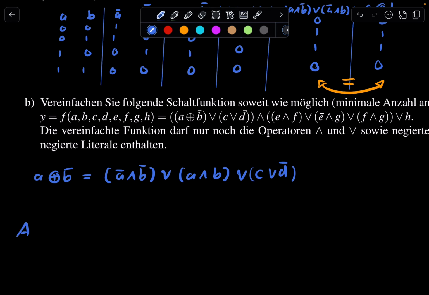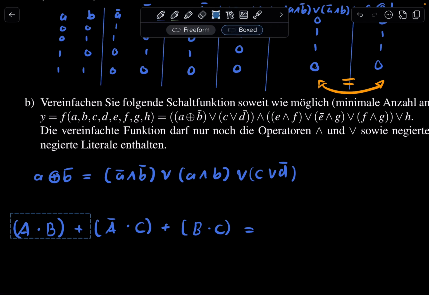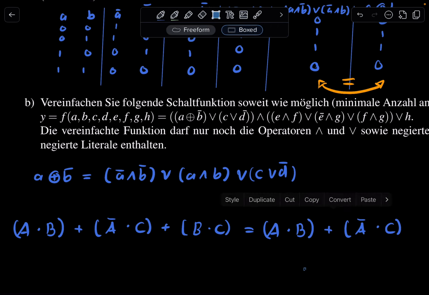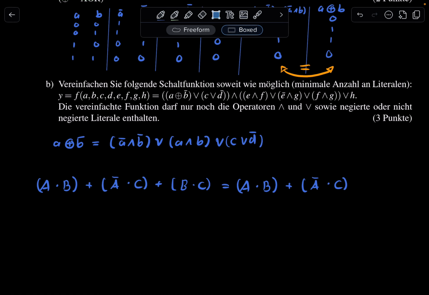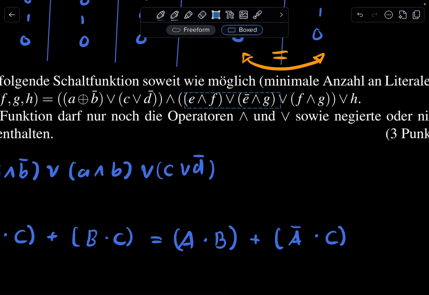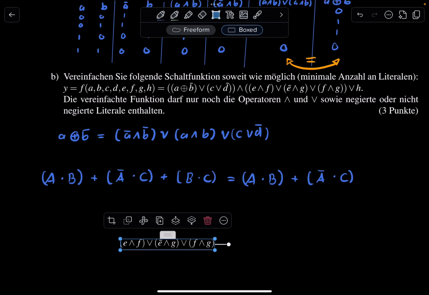So consensus tells us that whenever we have A and B plus not A and C plus B times C, it is going to be equal to, simply put, these two guys. So in this case, let's just take this guy and verify that this is true. I'm going to copy it because I don't want to write it again. I'm too lazy.